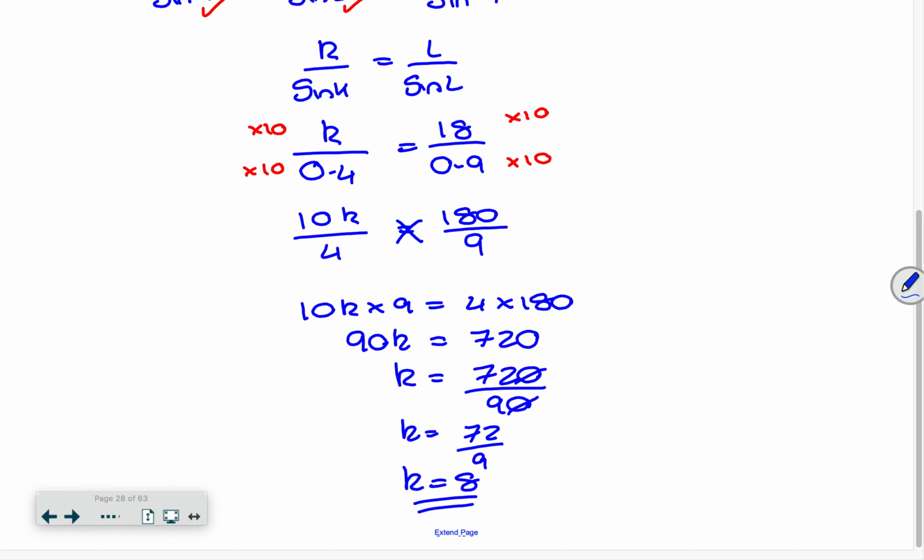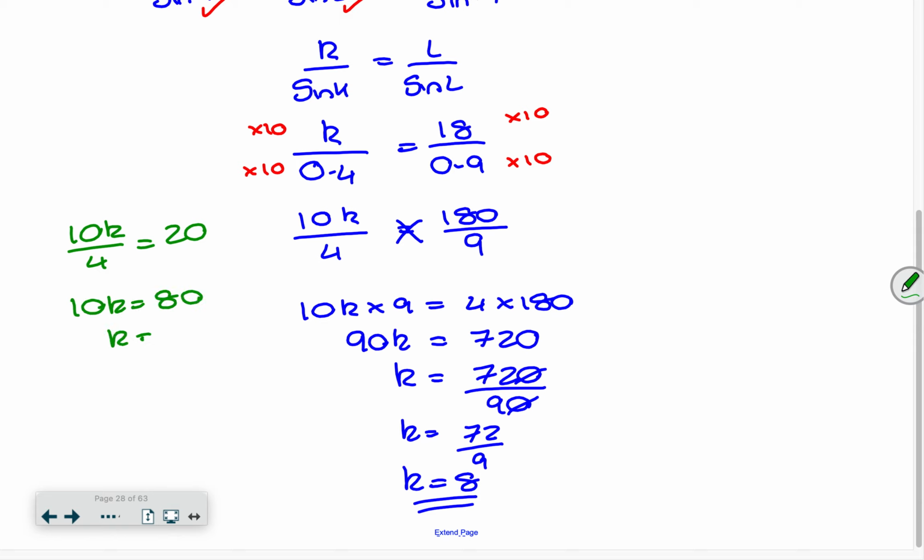Another way we could have done that would be just to work out 180 divided by 9. So alternatively, we could have said 10k over 4 is equal to 180 divided by 9 would give us 20. And then multiply both sides by 4 to get 10k is equal to 80.